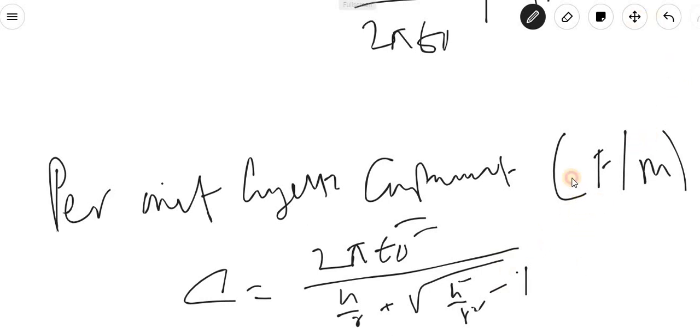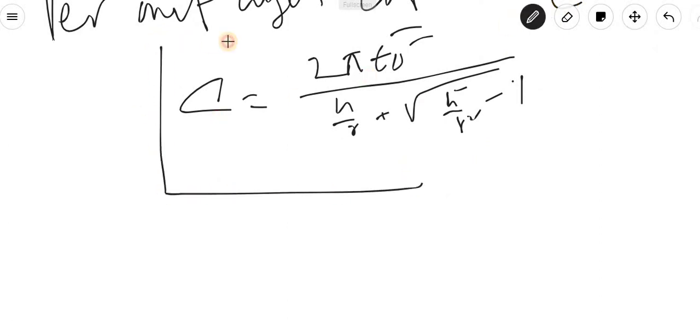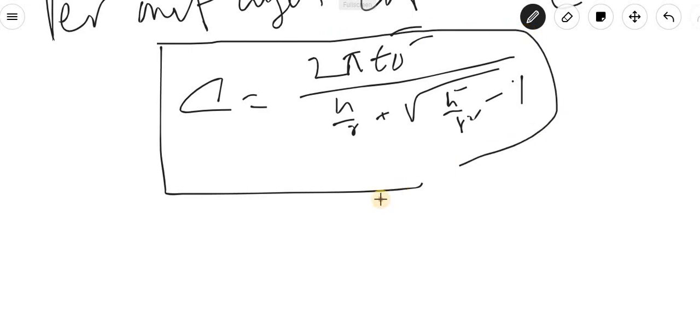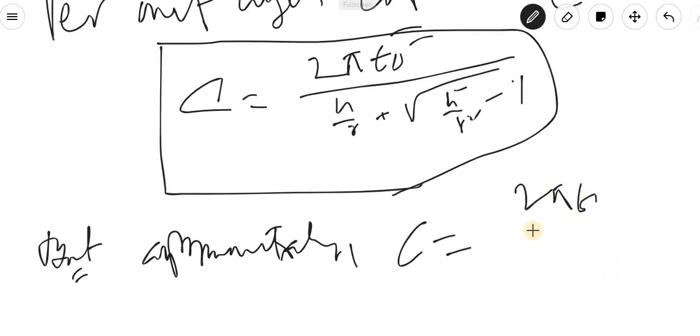So this equation is the actual equation.